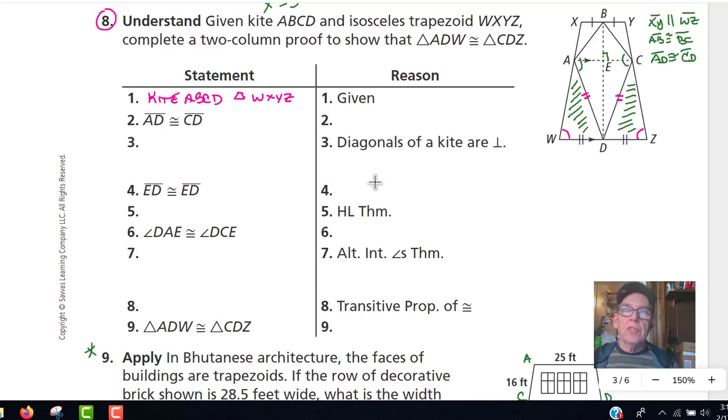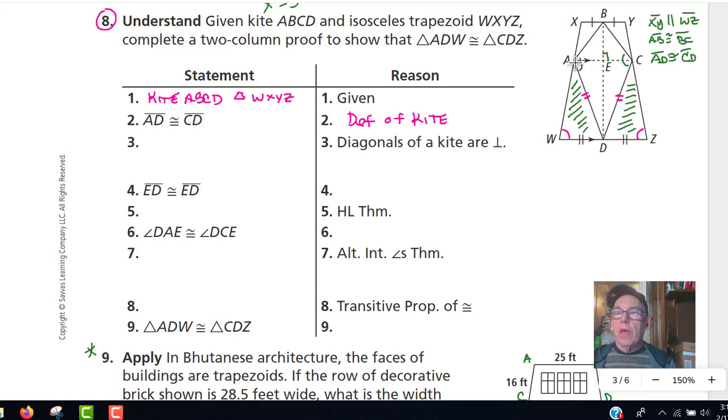So I'm trying to make this look isosceles, keep them having to write it all out. Okay, AD congruent to CD, definition of kite. A kite has consecutive pairs of congruent sides. AD gives us these two.